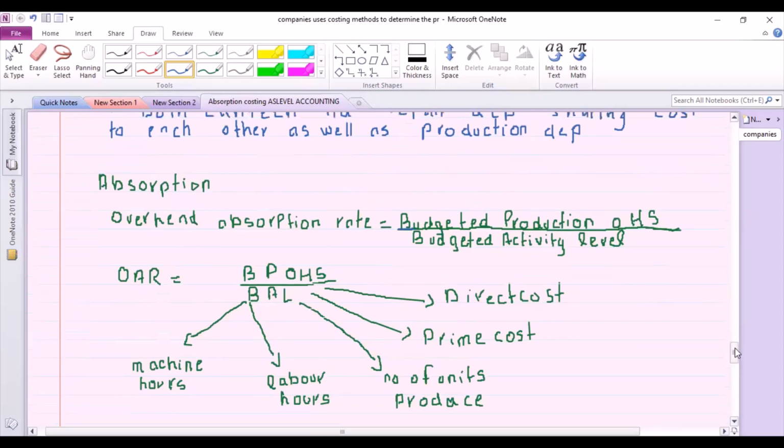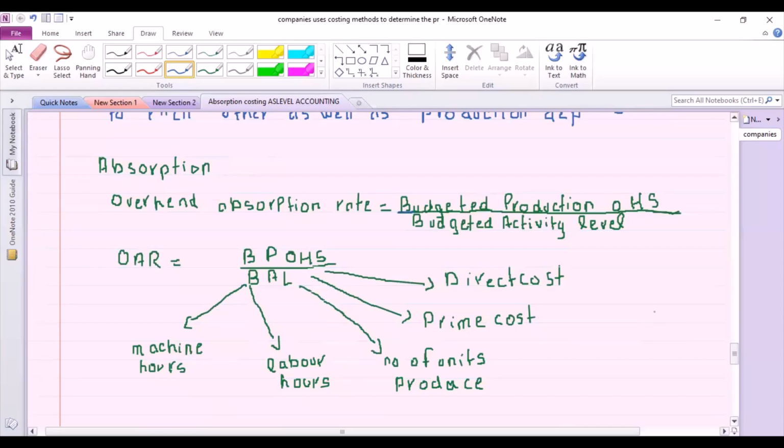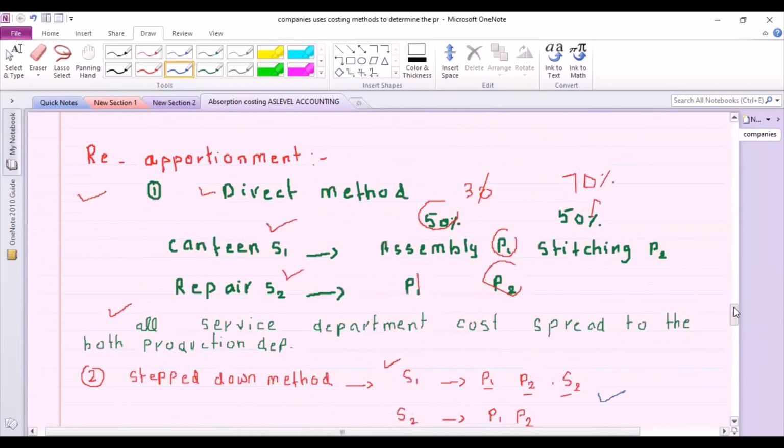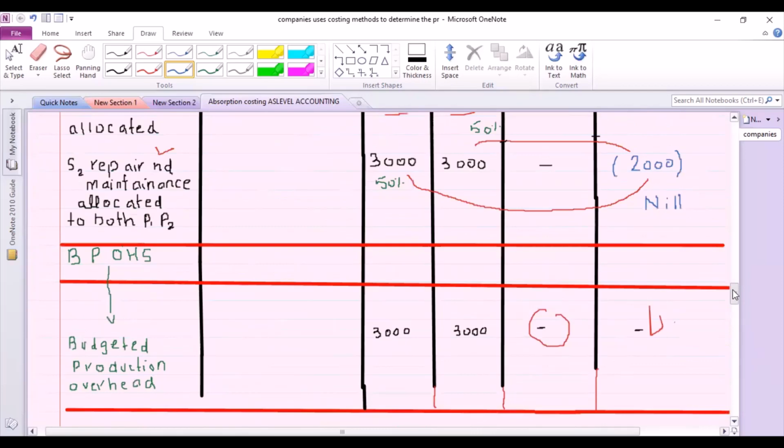Basically, in this we are going to discuss a formula. Overhead absorption rate is equal to budgeted production overheads divided by budgeted activity level. Okay, so what is budgeted production overheads? Let me take you here.